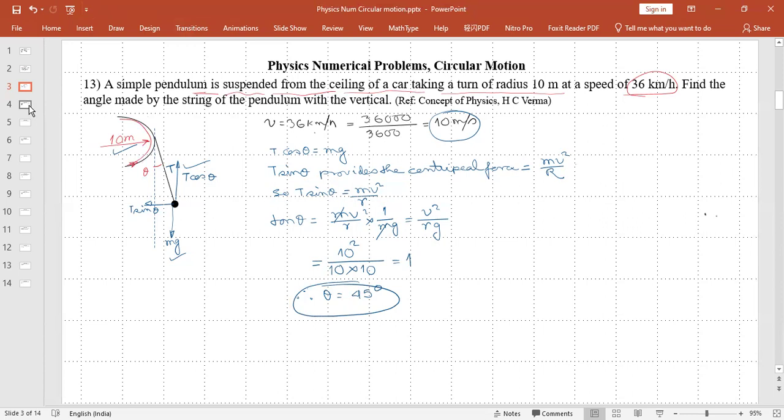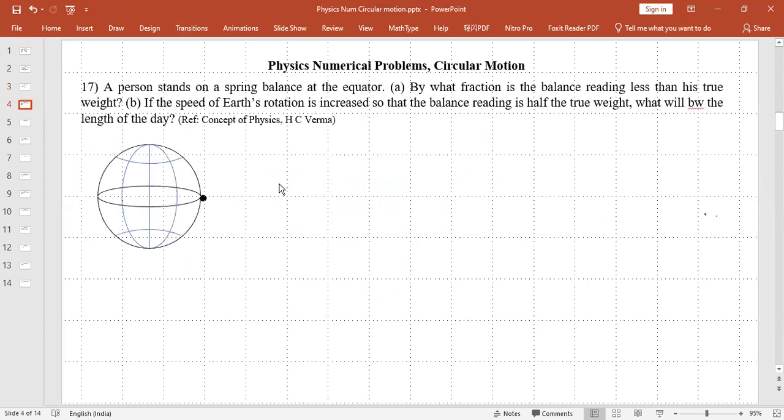Now let's go to the next question. A person stands on a spring balance at the equator. So this is the earth diagram I have already brought for you. Here is the person who stands on a spring balance.